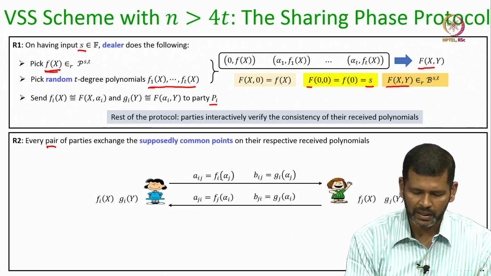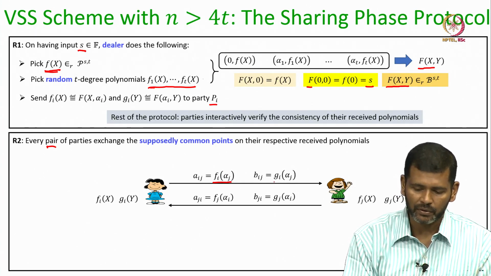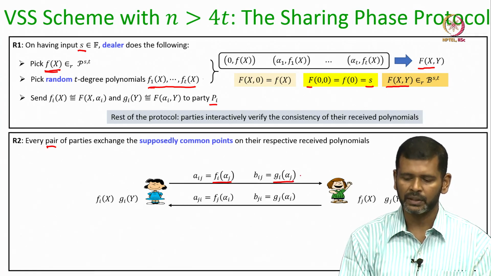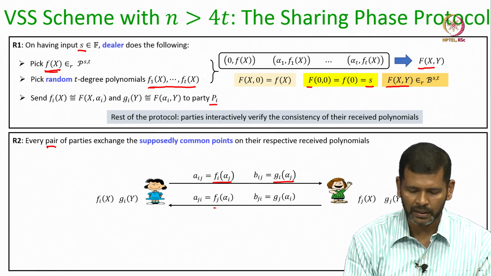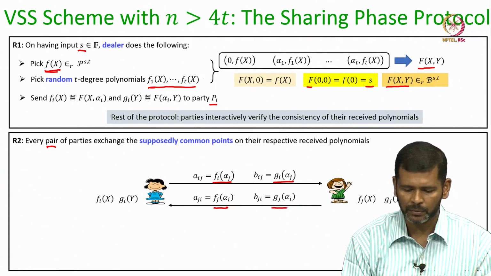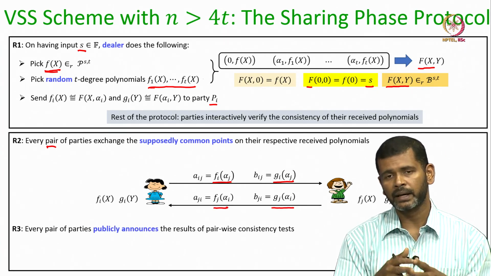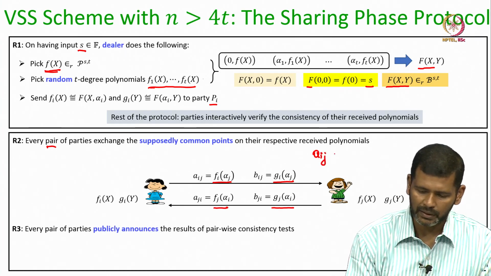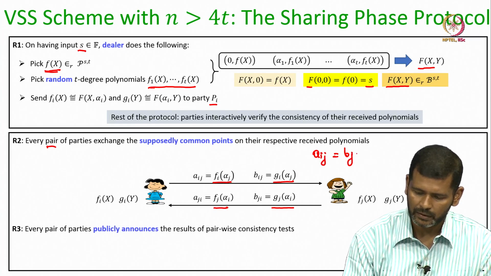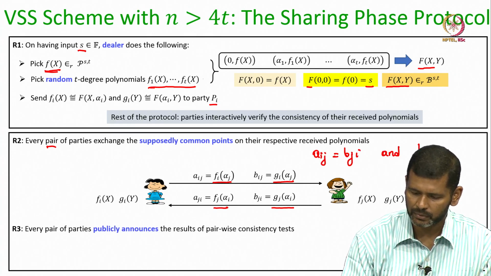For instance, Pi sends the value of its row polynomial evaluated at alpha j and the value of its column polynomial evaluated at alpha j to Pj. In the same way, Pj sends the value of its row polynomial at alpha i and the value of its column polynomial at alpha i to Pi. And then ideally we expect that if the dealer, Pi and Pj are honest, then Aij should be equal to Bji, and we also expect that Bij should be equal to Aji.